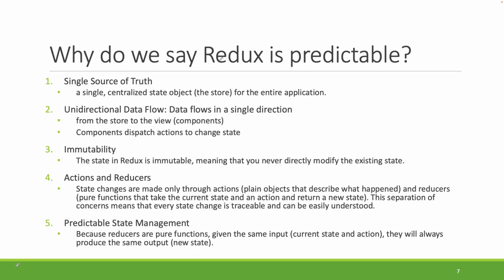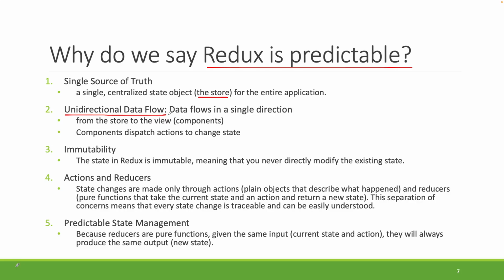Next one. Why do we say Redux is predictable? First, it's a single source of truth, because all your state is stored in one place, called a store. Okay, single and centralized. And the unidirectional data flow, it doesn't do bidirectional, it's unidirectional.